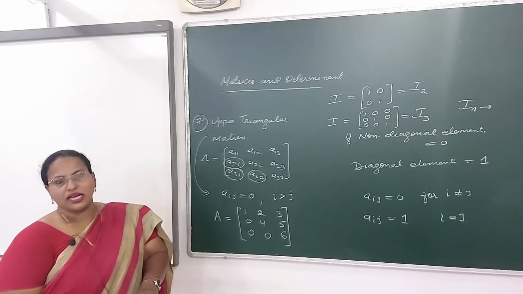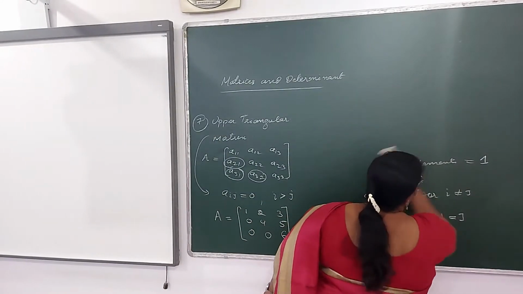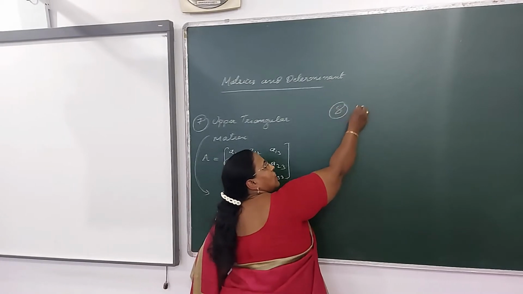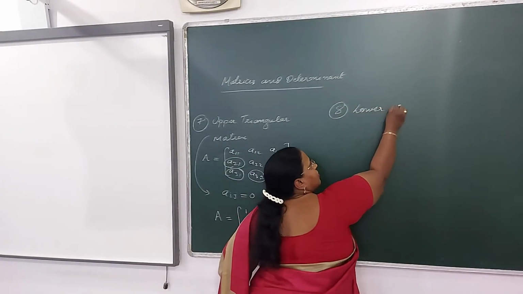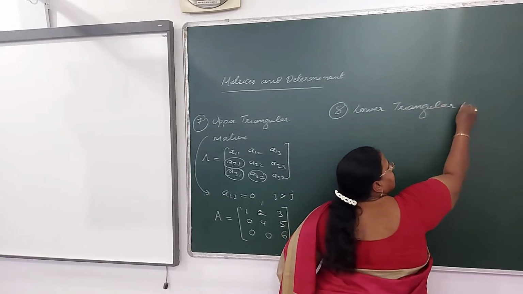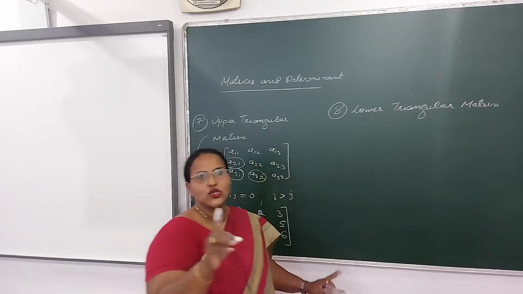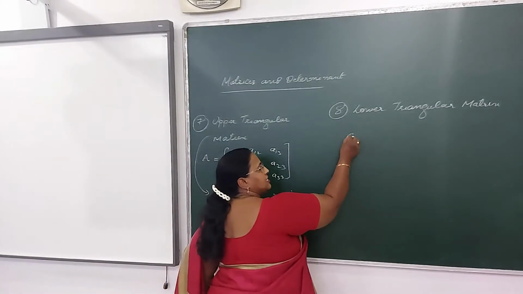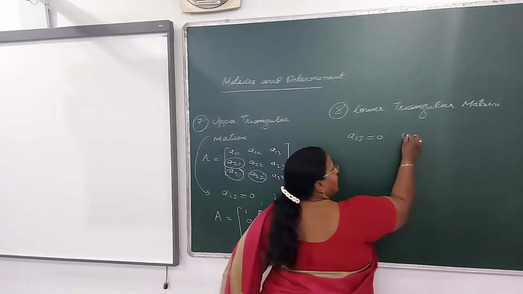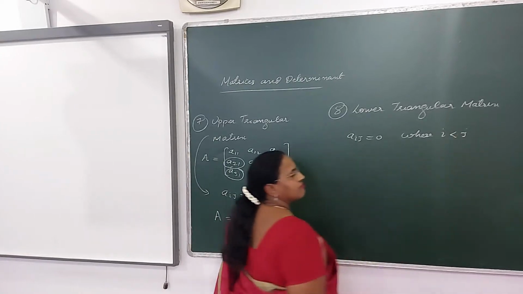In a similar manner, we can define the lower triangular matrix. So, let us see the next one. Lower triangular matrix: a square matrix which obeys the condition Aij is equal to 0 where the value of i is less than j.